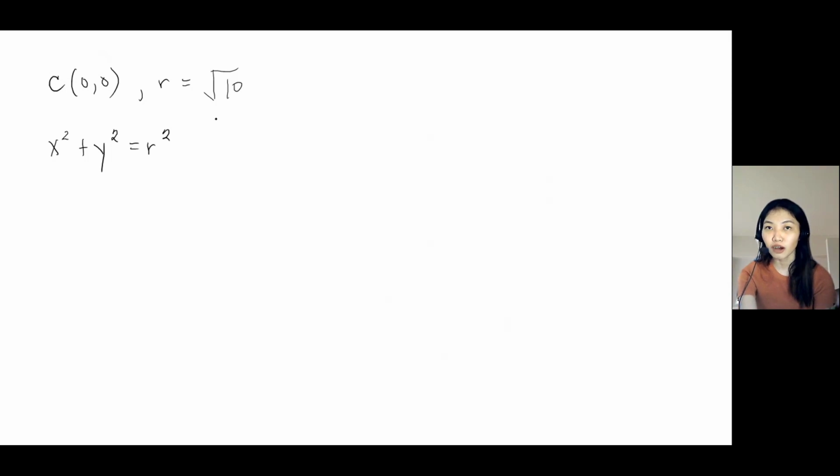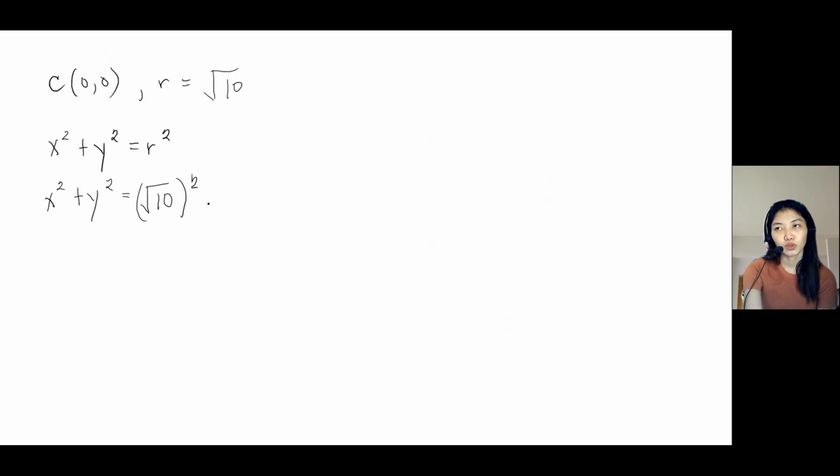Substitute the value of r. So that is x squared plus y squared is equal to the square root of 10, and the exponent is 2. If we have a square root and the exponent is 2, we can cancel the square root and the exponent 2.